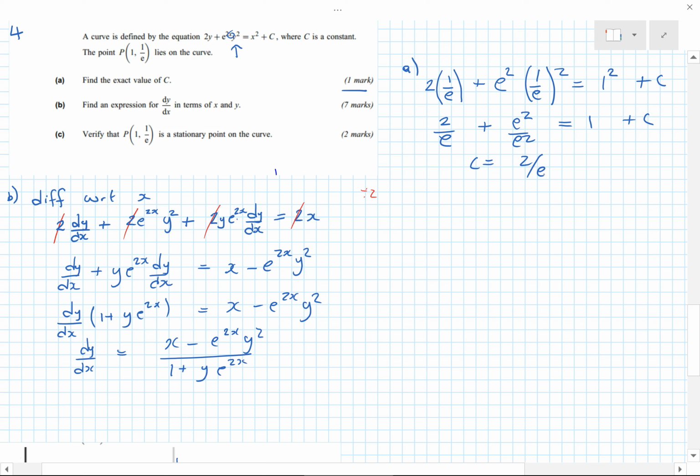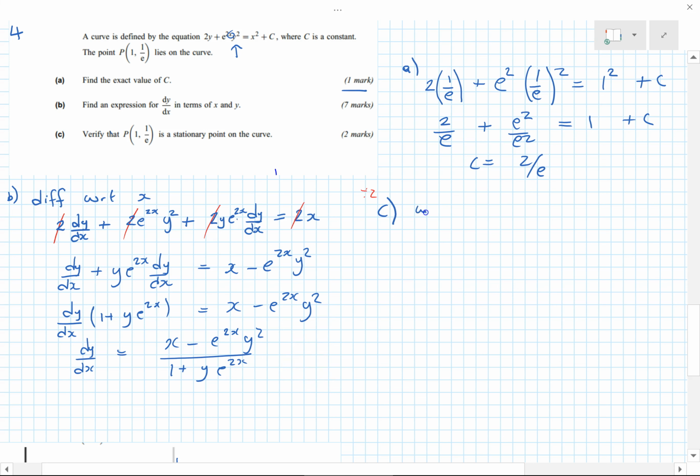Okay, then do part C. Verify that this is a stationary point. Now, if the word verify is ever used, that means we can work forwards and just put that number into this expression here. And it's actually only really the top we need to consider.